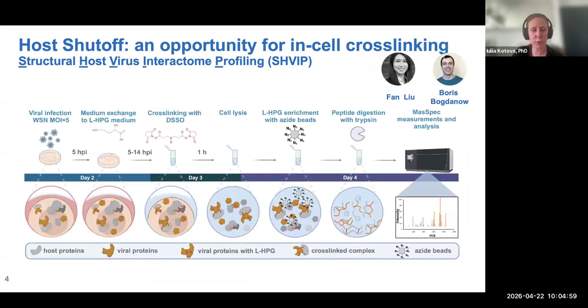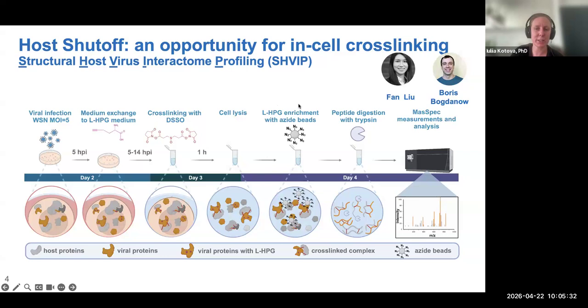So this is our workflow. At the beginning, we just infected the cells with the influenza virus. We waited till the infection will start going, and when the host proteins would be downregulated in the translation sense, and then we exchange one of the amino acids with the synthetic one, would give it time to label, and then we just normally cross-link, lyse the cells.